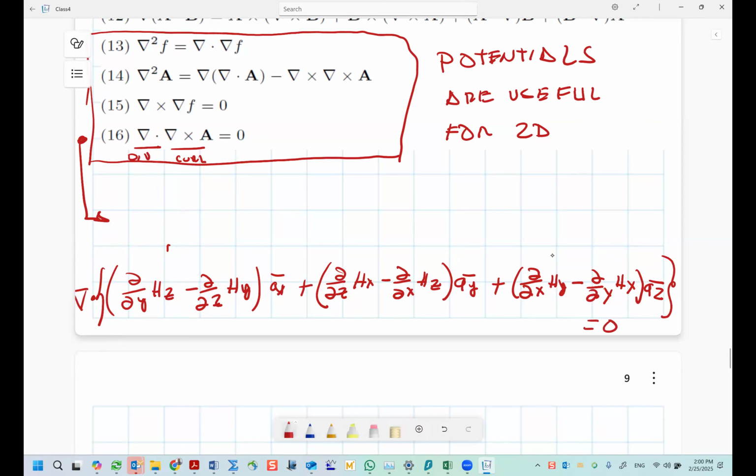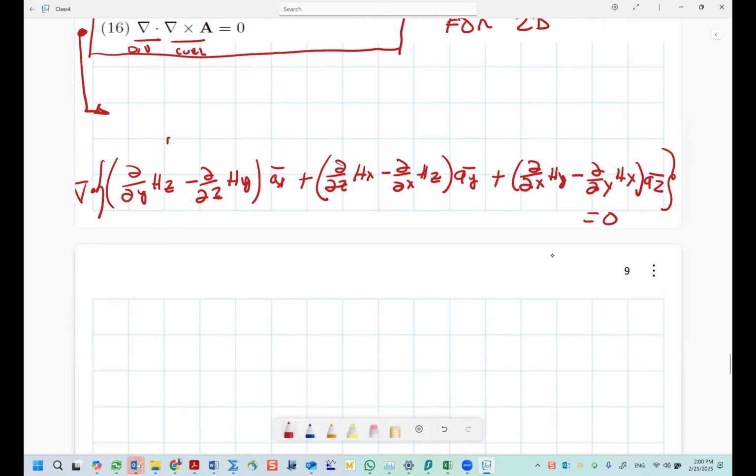It says that this is equal to 0, which means this will really have to be equal to 0, right?